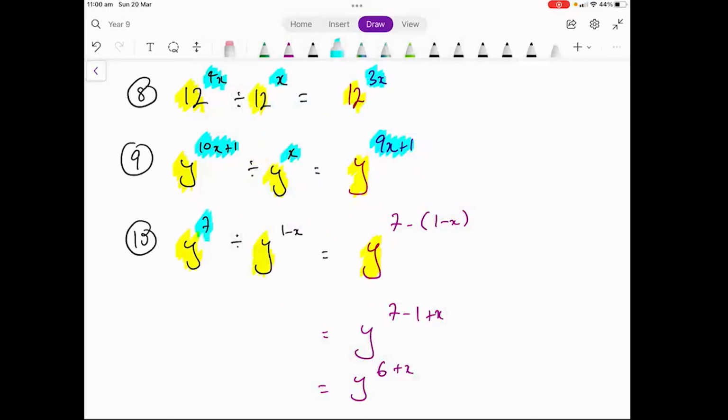So you need to be a little bit careful here. Expanding the brackets gives you 7 minus 1 plus x. Okay, that minus x becomes a plus x when you expand the brackets. And finally, when you simplify that, that becomes 7 minus 1 plus x equals 6 plus x for the powers.